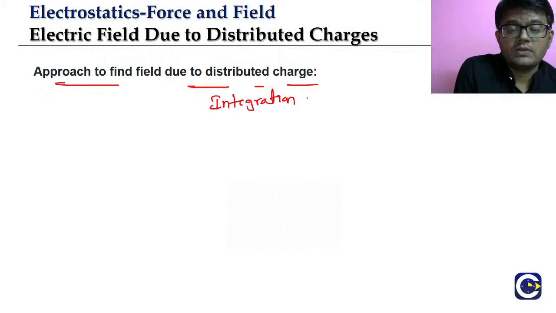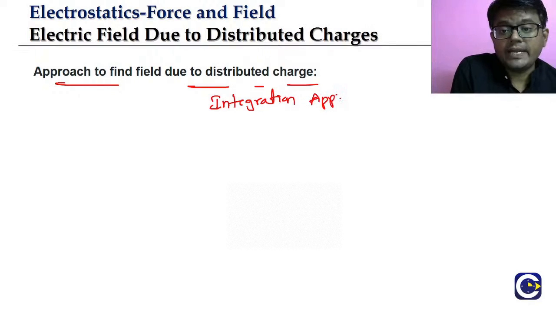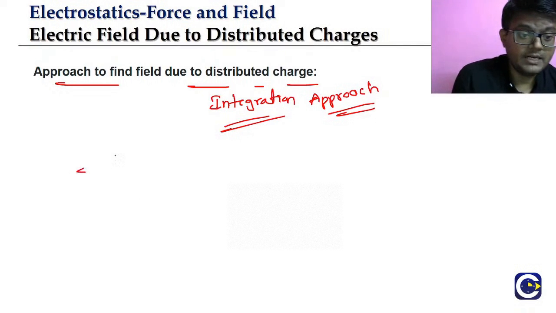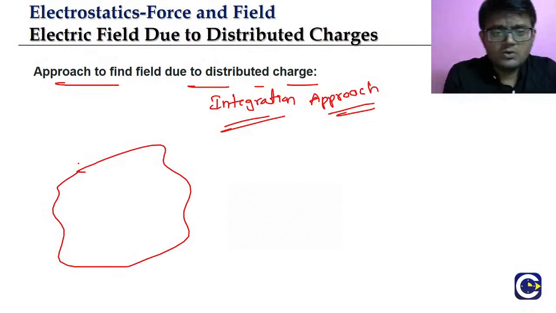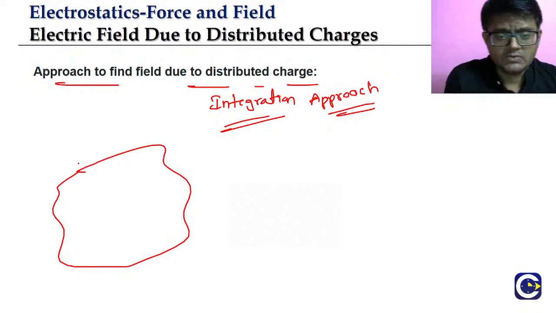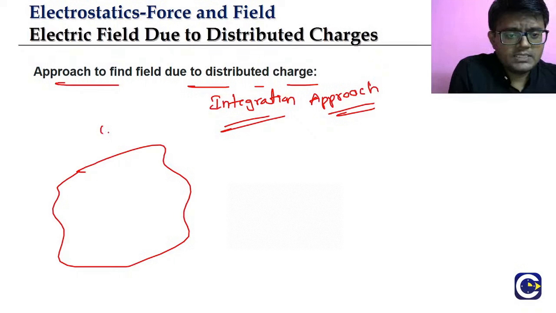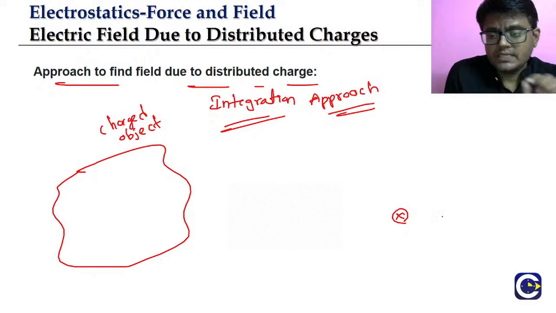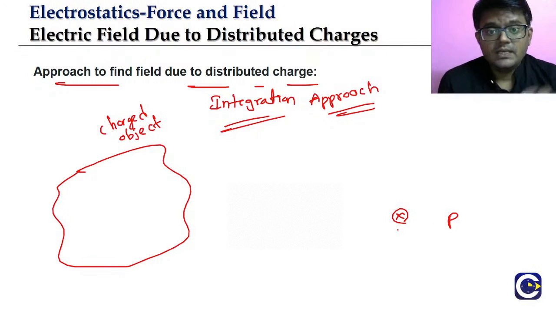How does the calculation go? We will be able to find the field because of a distributed charge by using the integration approach. Think about any random shaped charged object. Say at this point P we need the electric field.